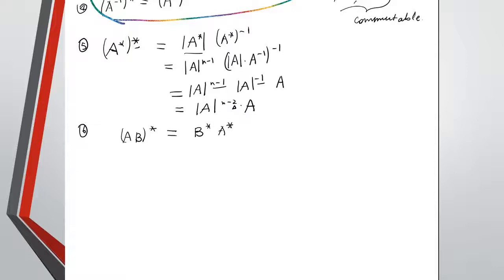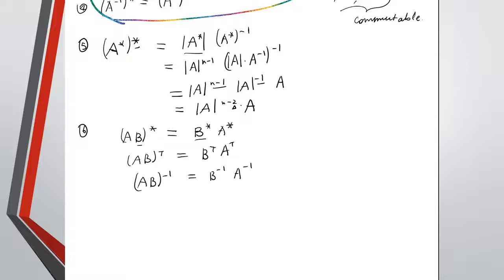So we put on B late, but we have to take out B first. Okay, so for the transpose of AB, we can simply say B transpose times A transpose. And we have the same thing for the inverse, so we have B inverse times A inverse.